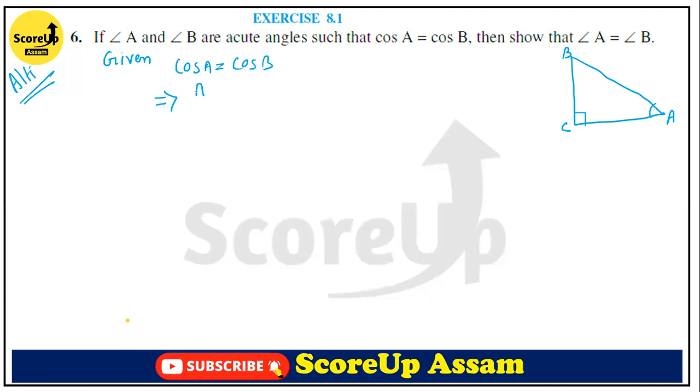That means AC by AB, right? This is our hypotenuse. What will be cos B? Cos B means base by hypotenuse, BC by AB. So AB will get cancelled. Ultimately, AC is equal to BC. AC is equal to BC means angle A is equal to angle B.